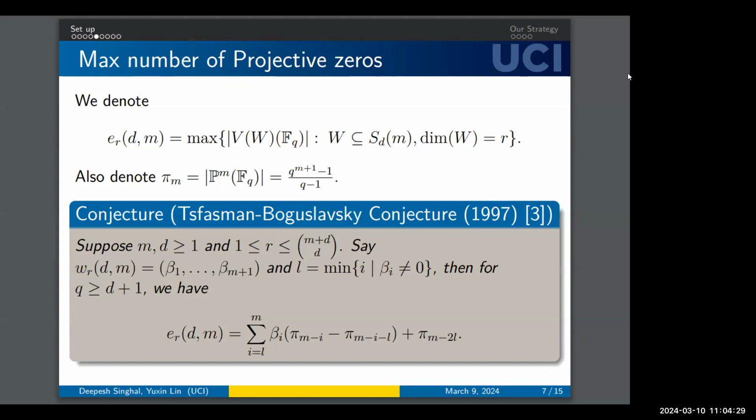It looks a bit more complicated, but the coefficients are again related to these beta_i's. They conjectured that this was the exact formula for e_r^d(m).